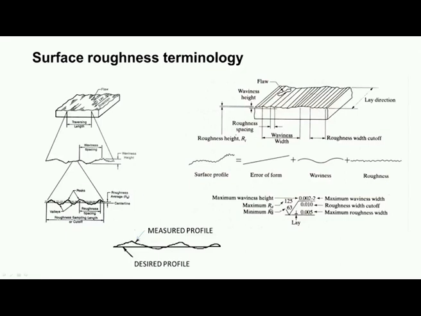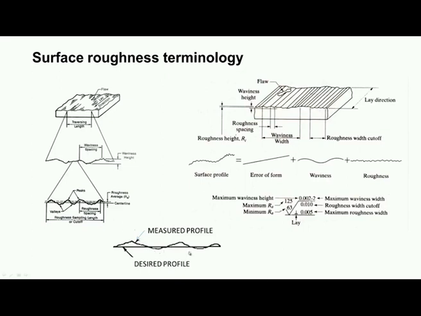And actually when the mechanical engineer specifies the roughness, he specifies a desired profile like this, which is almost flat and straight. But when we actually cut the workpiece using the machine tool and cutting tool, we get a profile like this. When we measure it, we get the profile like this.